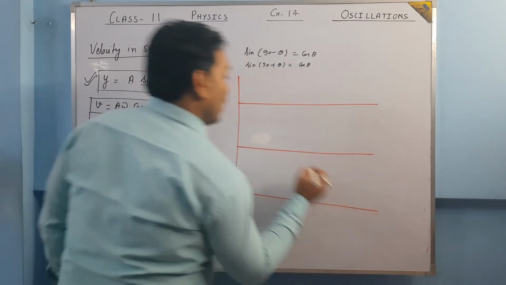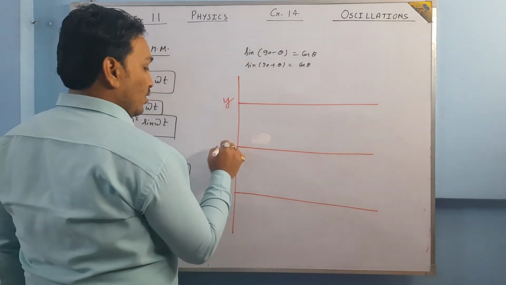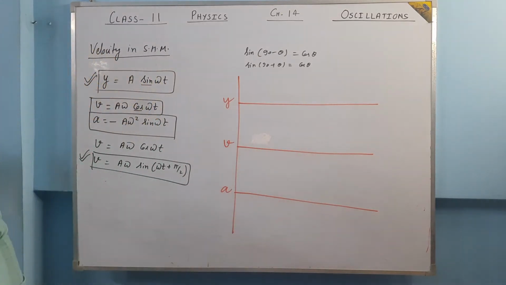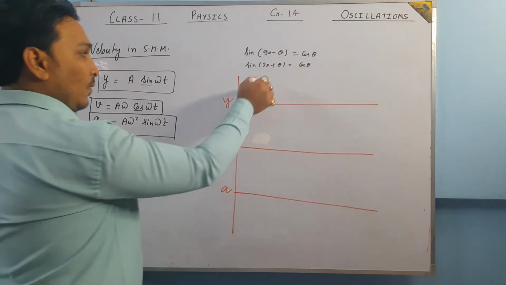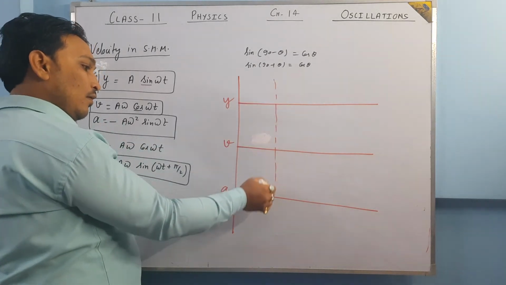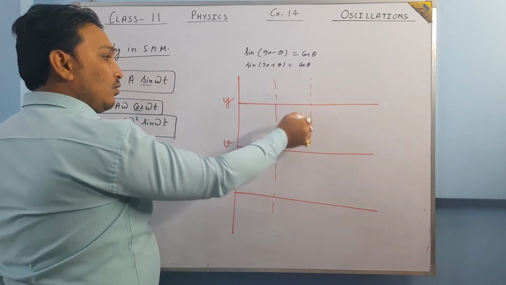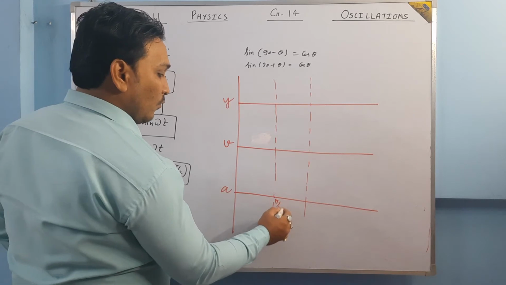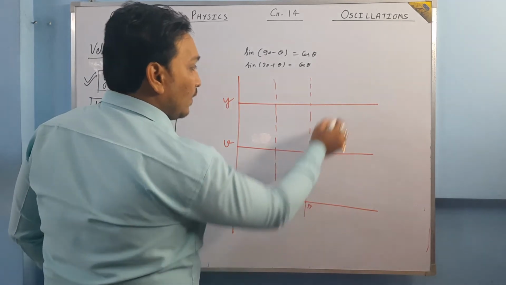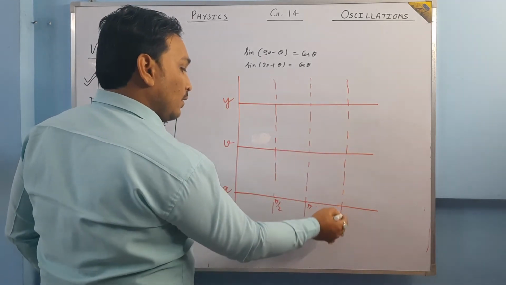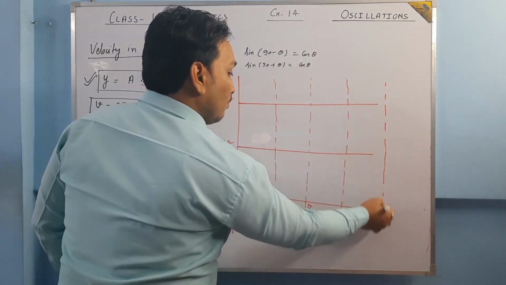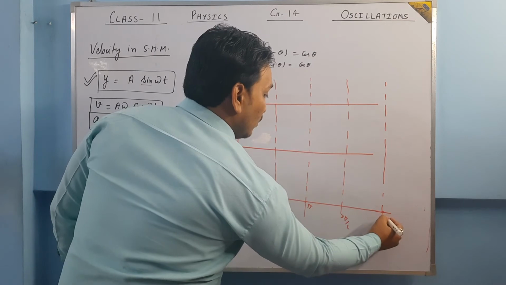On this, y is drawn, on this velocity is drawn, on this acceleration is drawn. Let me mark all the angles also. This is pi by 2 for all of them. This is pi, this is 3 pi by 2, and this is 2 pi.